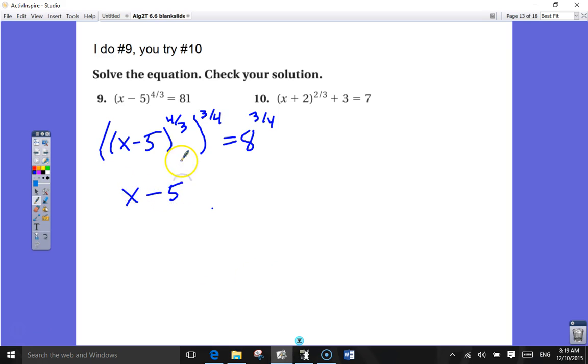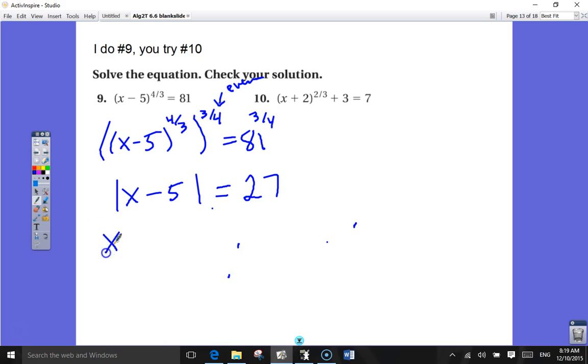But because it was an even denominator, that was taking a 4th root, which means that has to be absolute value. And what's 81 to the 3/4? It's 27. The 4th root of 81 is 3, and 3 cubed is 27.